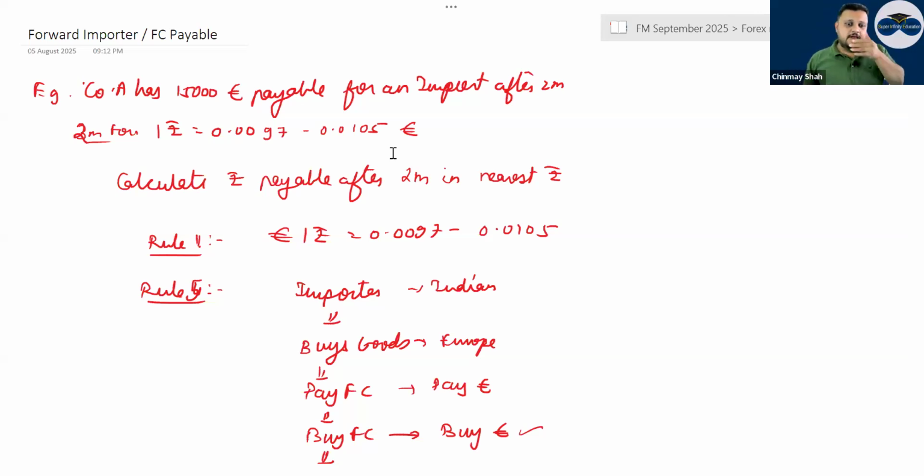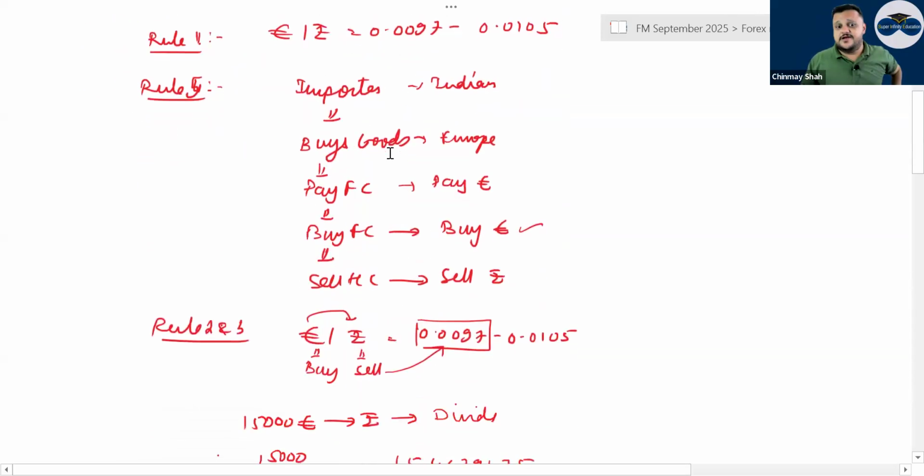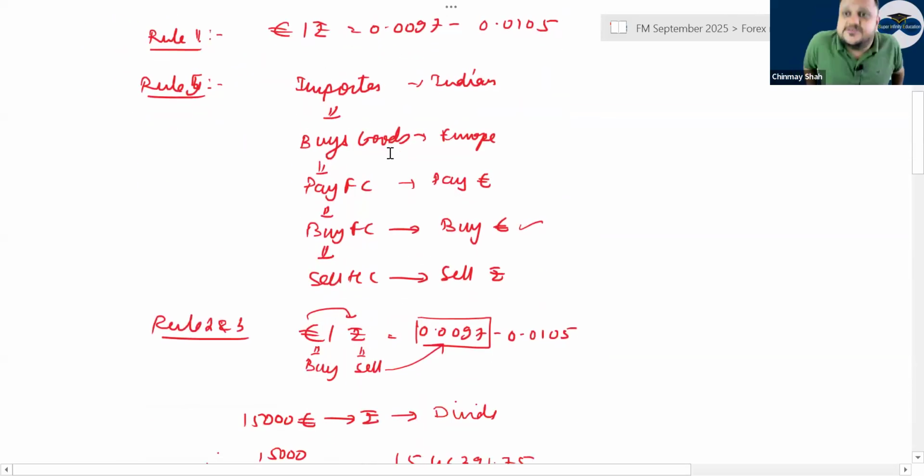First, if you follow rule 1, everything else falls in place. Then it is an importer or an FC payable. So rule 5: the importer buys goods, pays foreign currency, and does not have the foreign currency in the home country. Therefore, he buys the foreign currency, which only means he sells rupees. So rules 2 and 3 say rewrite the quotation, buy the euro, that means sell the rupees. If you sell the rupees, you will get the lower rate.